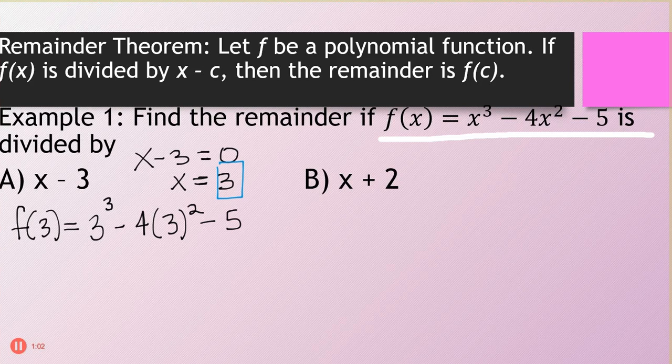So we're going to go ahead and substitute that in your calculator to see what you get. So we have 3 cubed minus 4 times 3 squared minus 5. So f of 3 is negative 14, and that would be my remainder.